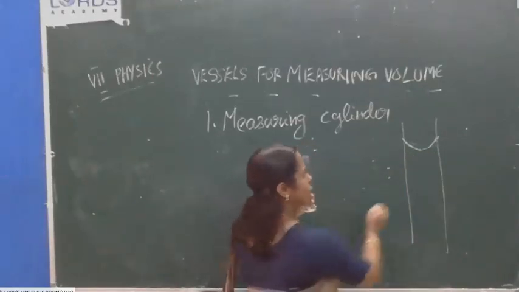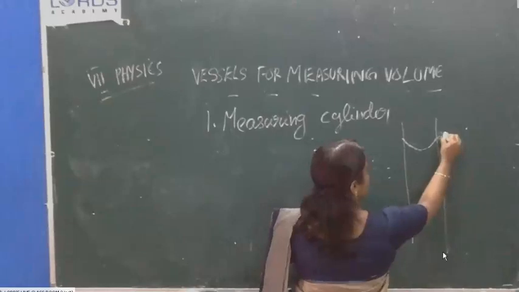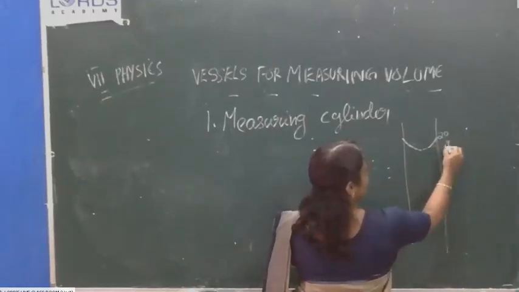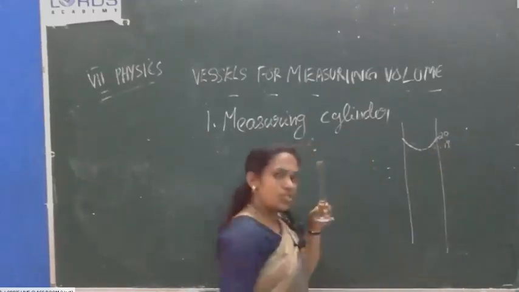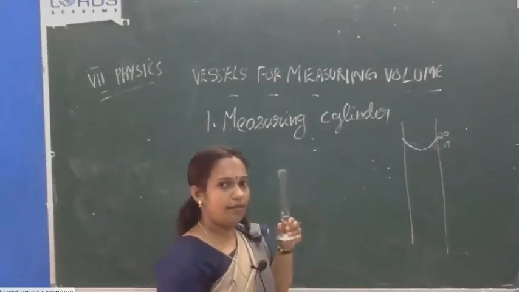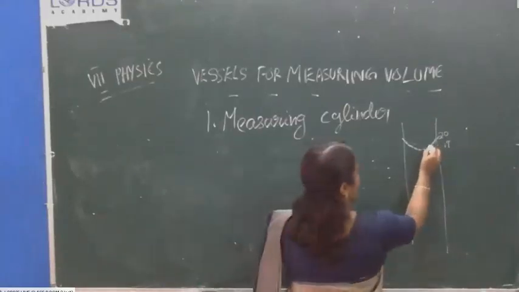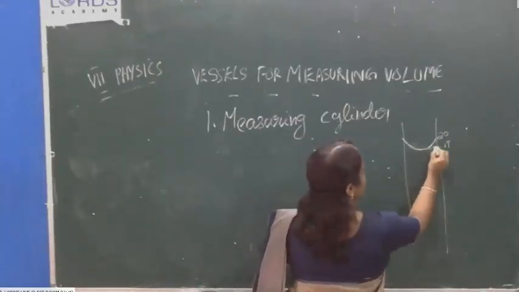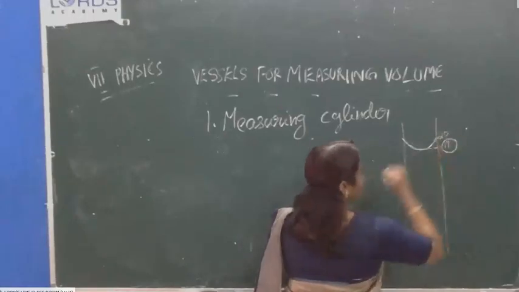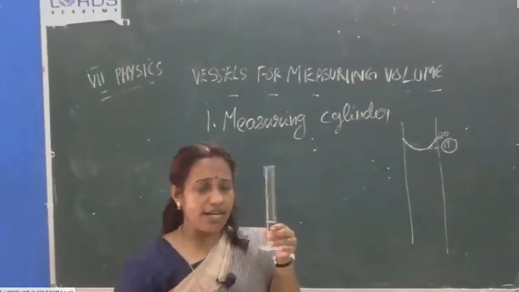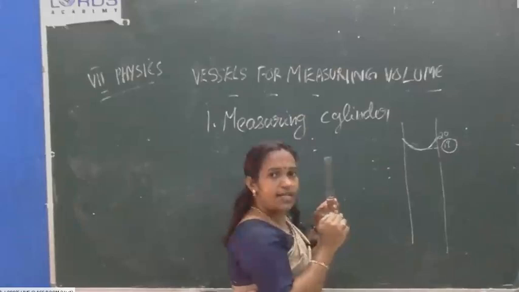Where you have to note the reading? Suppose this will be 20, this will be 19. So which reading do you have to take? Not 20. Which line does this lower part touch? Listen.